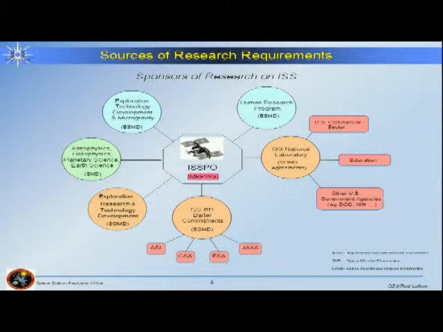Those groups provide the requirements to the research planning organizations who interface with us here at the ISS program office through the MRPWG. I'll talk a little bit more about the MRPWG in a minute or so. So you'll see where we get the source of the requirements and how those are used. Next chart.